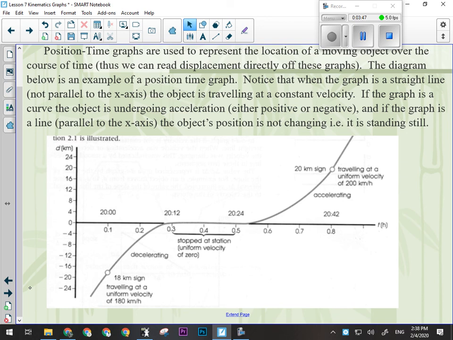In the next part of this graph, I've got a line, but it's curving. And the curve is getting flatter and flatter. So is the position of the object still changing? Yes. Is it changing at a constant rate?